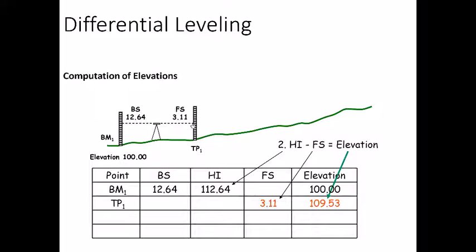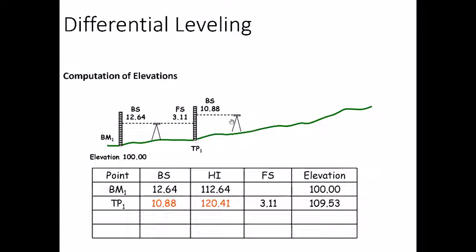Since the height of the instrument remains the same, from 112.64 we subtract the foresight, 3.11, and that gives us 109.53, which is the reduced level of TP1. Now TP1 can become our benchmark.